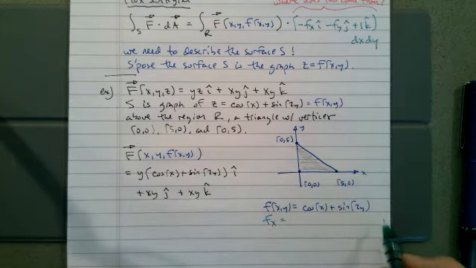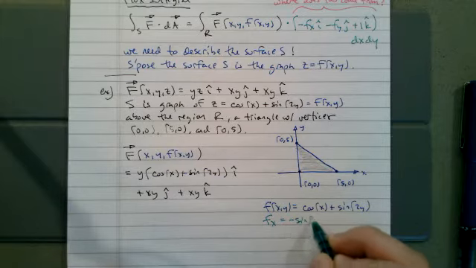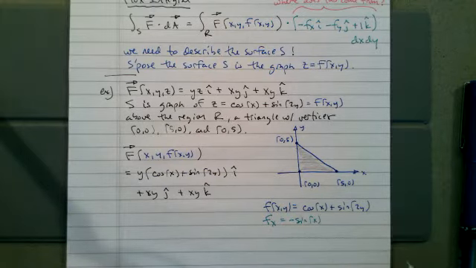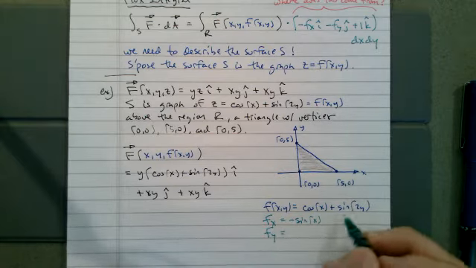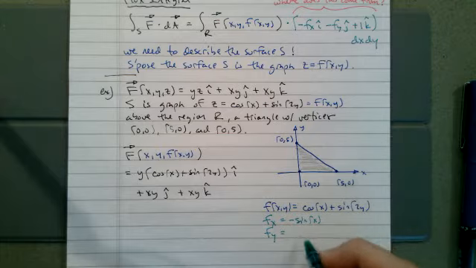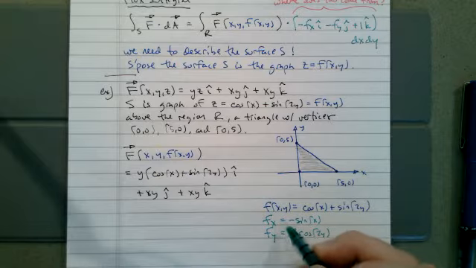The derivative with respect to x is the derivative of cosine, which is negative sine. The derivative of sine of 2y with respect to x is 0. And I need fy. The derivative of sine of 2y is cosine of 2y times 2. And the derivative of cosine x with respect to y is 0. So here's fx and fy.